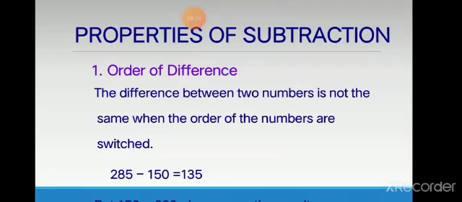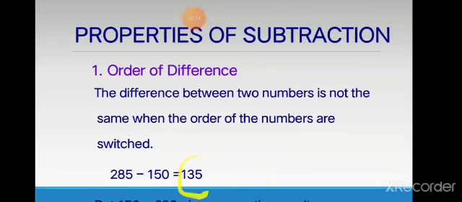As you remember in the previous lecture on the properties of addition, we already learned about the order of addition. It means when you add two numbers and change their order, the answer or sum remains the same. But in subtraction, when we change the order, when we shift a number from first place to second place and second place to first place, the answer is not the same.